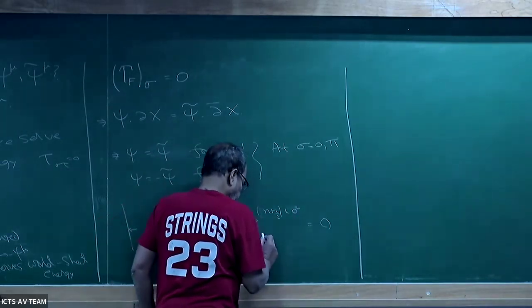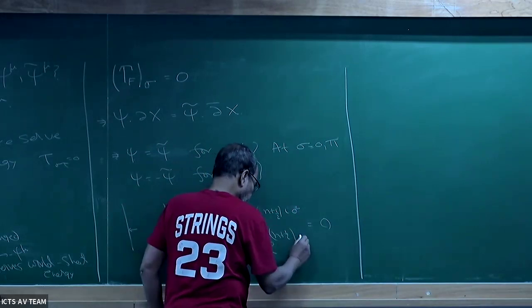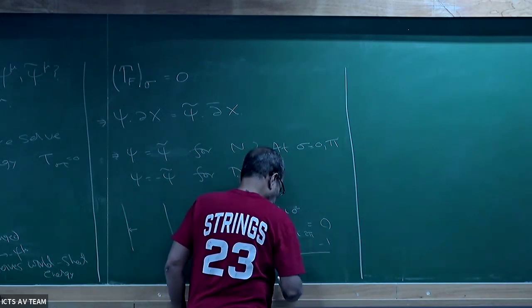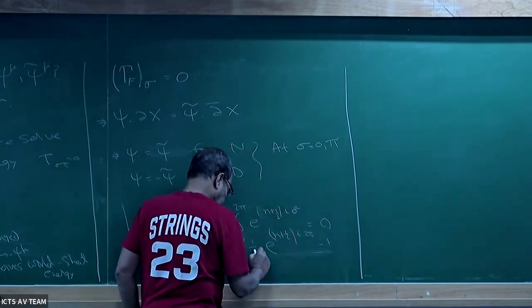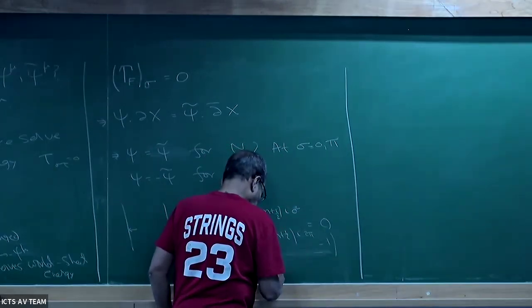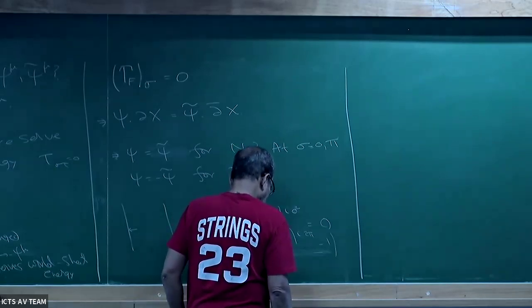Let's just check. This will give you e to the (n plus half) i times 2 pi minus 1, over something, doesn't matter. So no, it doesn't give you 0 actually. It gives you some n-dependent object.